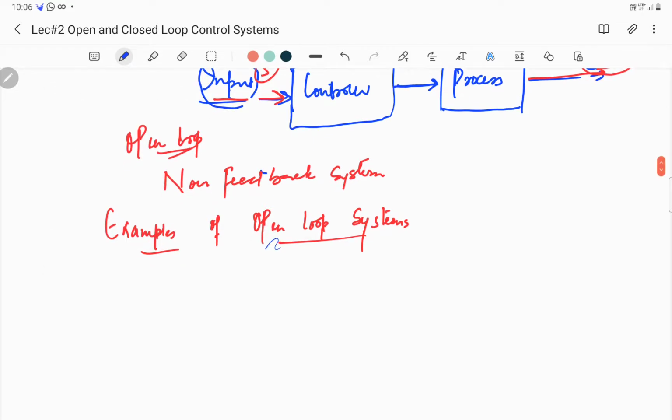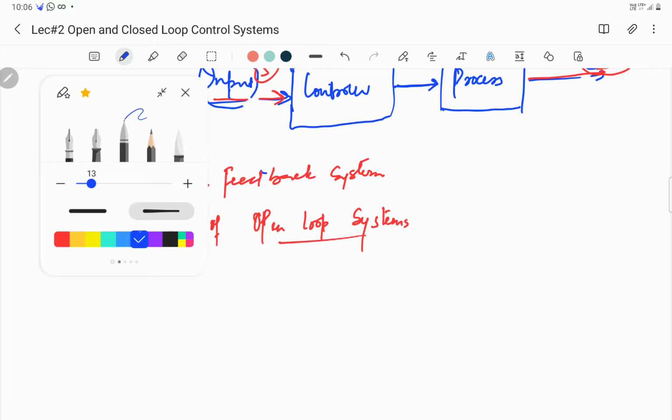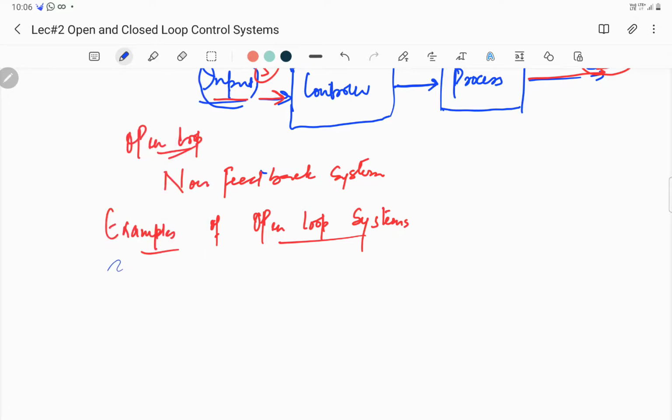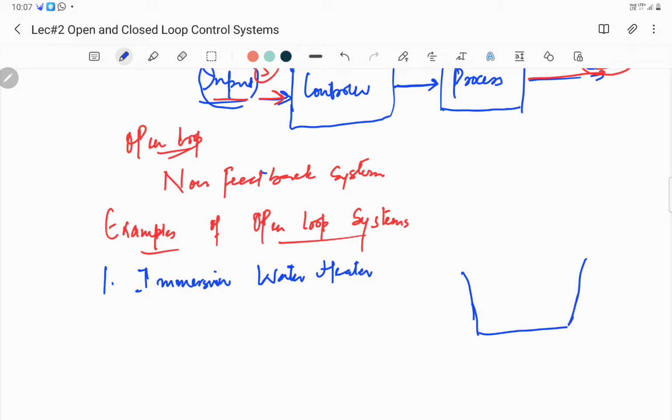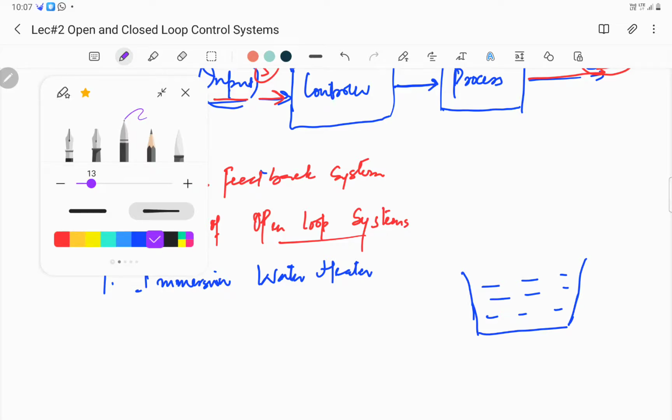As I said, the first example would be that of an immersion water heater. Say we have water in some bucket and we use an immersion rod for heating it.